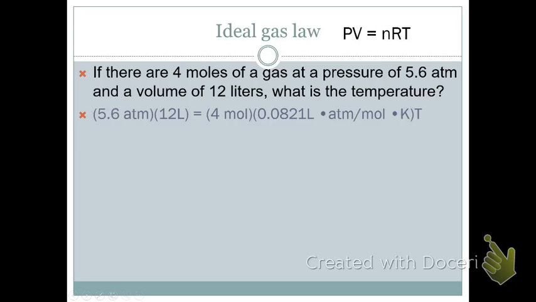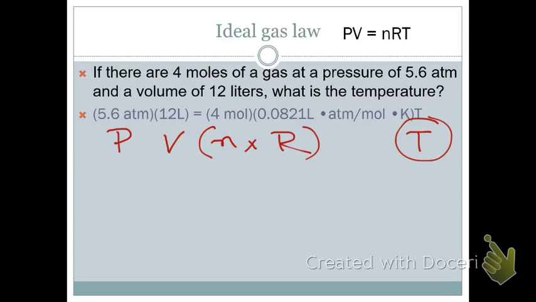All right, so let's look at everything that we have here. We're just looking for K. We know what R is. So here is your pressure, and here is our volume. Here are our moles, and here's the R value, and this is the temperature that we're trying to find.